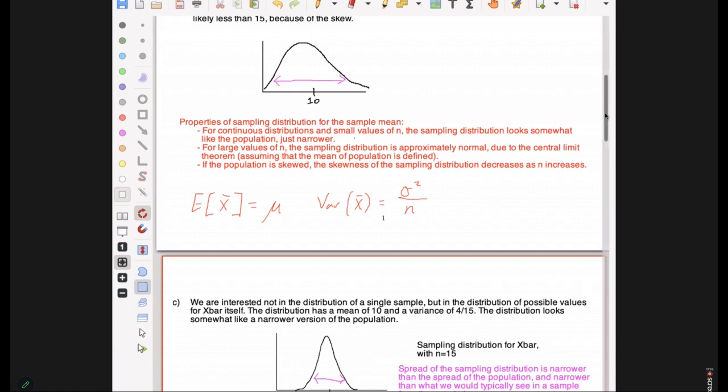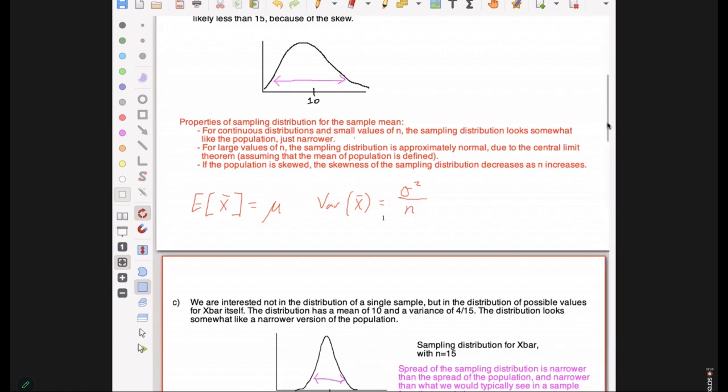This is basically a summary or an aggregation of all of the values of X bar that we could get from taking many, many samples from the population.